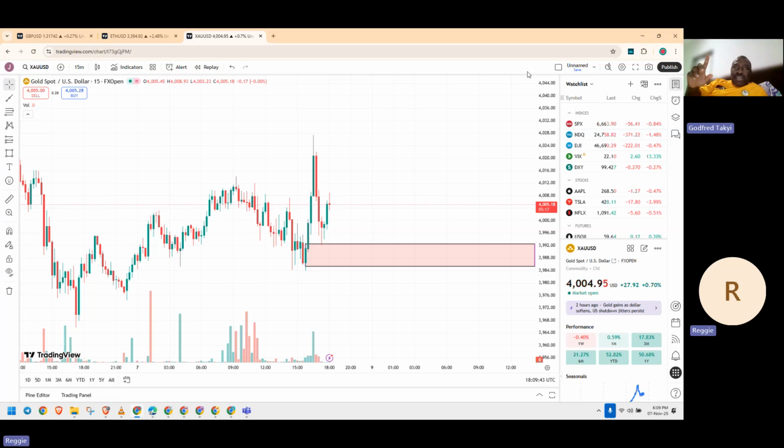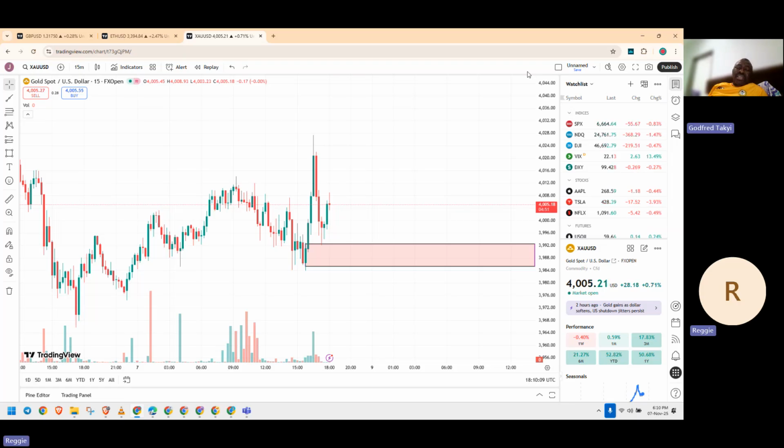Right now gold is around 4,000. If gold gets to 4010, that's 100 pips. So getting that on a one lot size is $1,000. Easy.